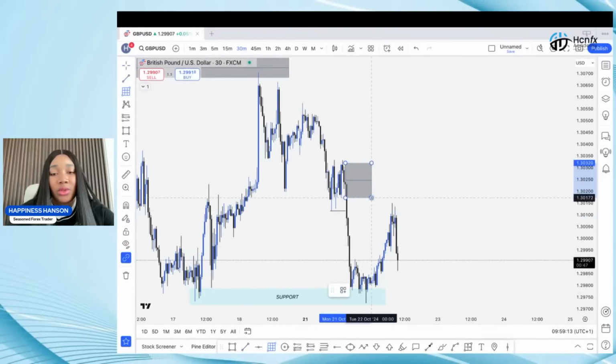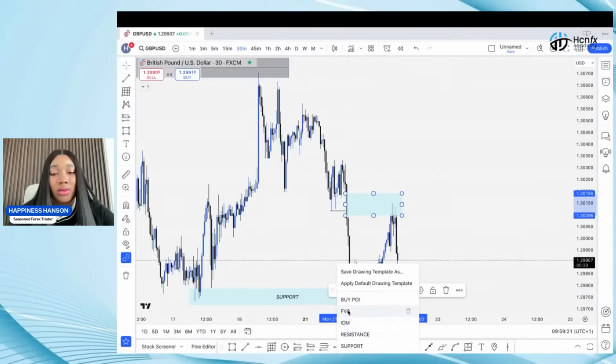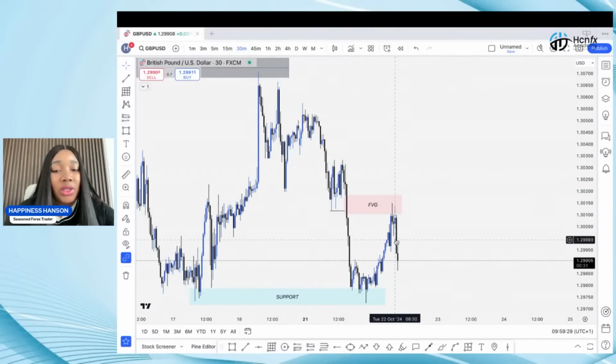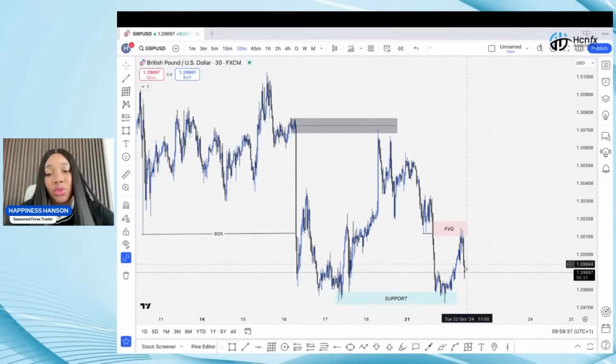Did price tap in? Price reacted off the imbalance there. For the imbalance entry model, price has reacted off the imbalance, dishing out the sell. So we need a general break of structure. Once we get this break of structure, the origin, we'll get in.